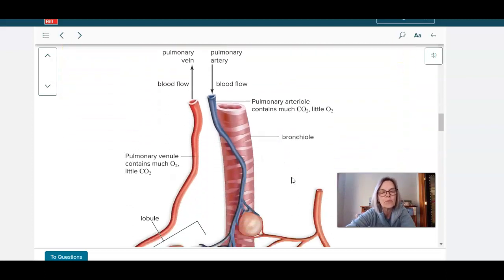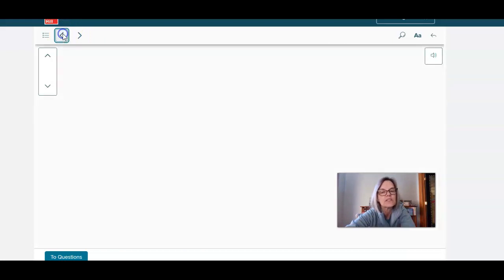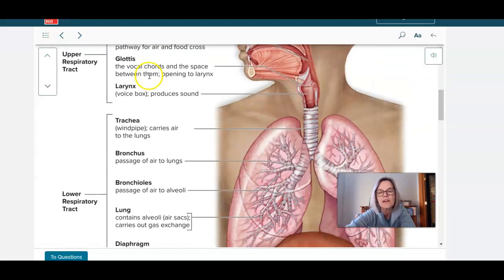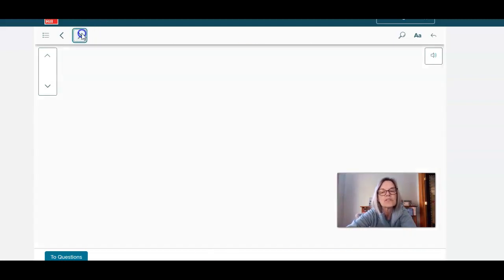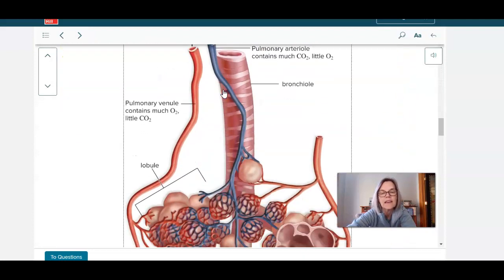So the trachea branches once it gets into, again, let's go see if we can see a picture. The trachea is going to branch into two major branches, and they're still kind of cartilaginous, hard tubes, and these are called the bronchi. Then the bronchi are going to branch into smaller tubes called the bronchioles, and those bronchioles are going to end in alveoli.